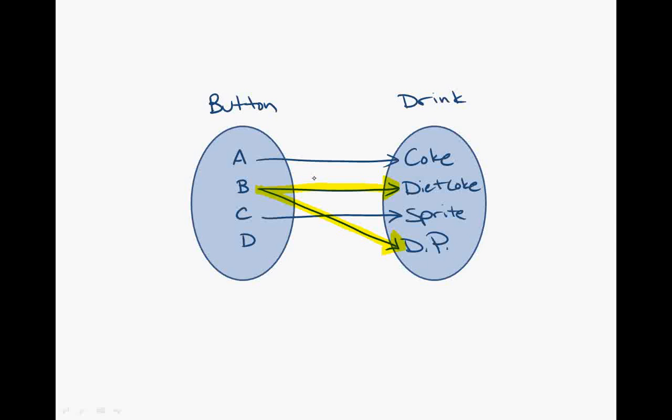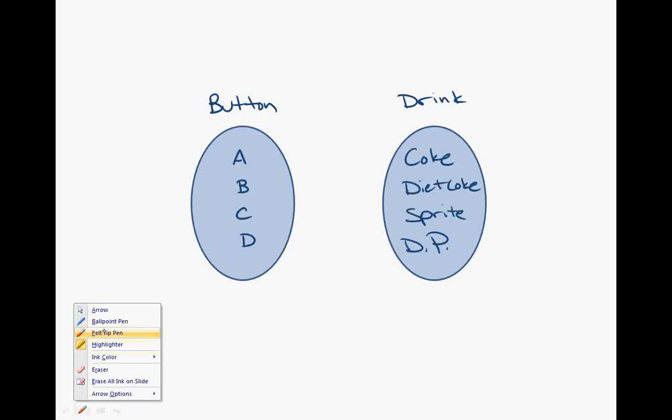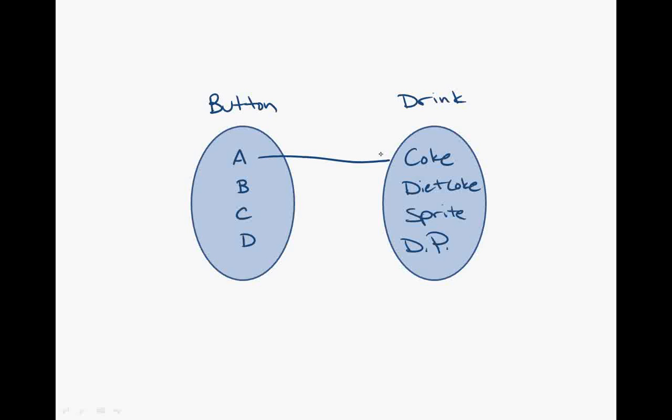Let's try rewiring. I want you to ask yourself, if I were to press each button or each input, do I know exactly what the output is? So think about it. Does this Coke machine model a function or not?